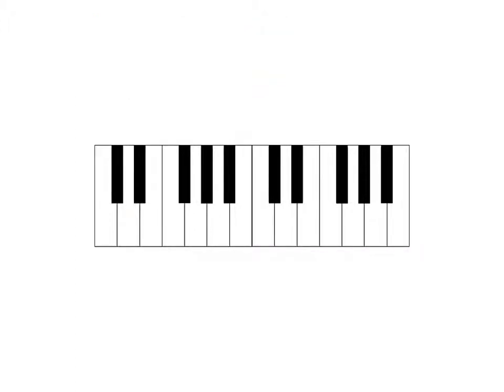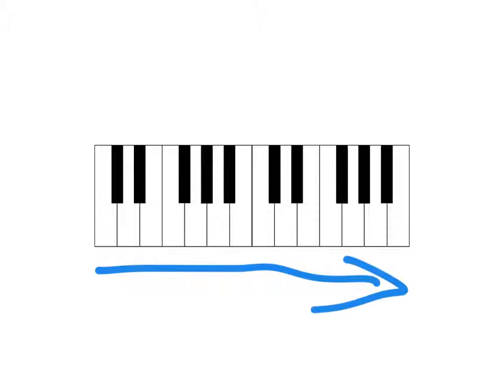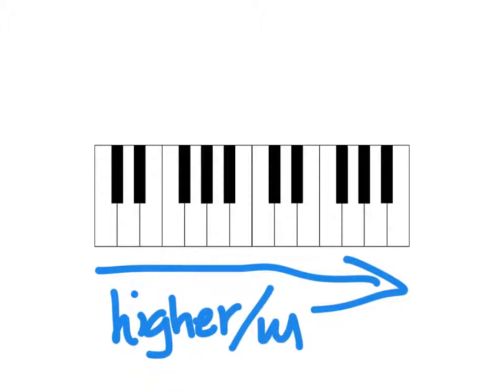Another thing to keep in mind is that frequently we talk about direction on the piano keyboard. When we go to the right, that means the notes are getting higher. Or also we say that we are going up. And up refers to both in pitch and on the musical staff.